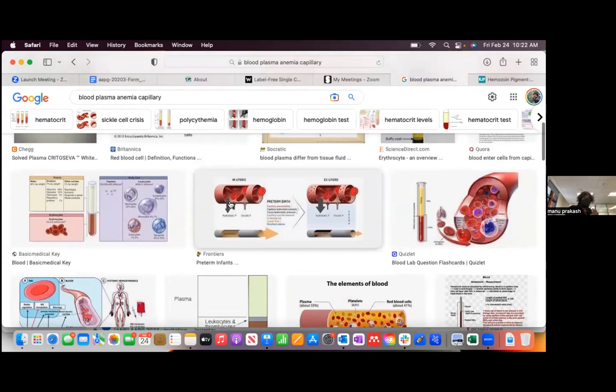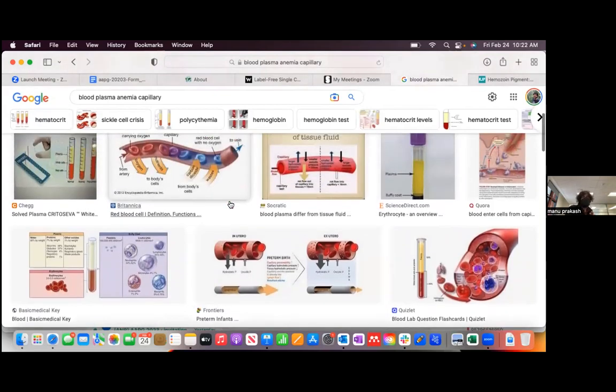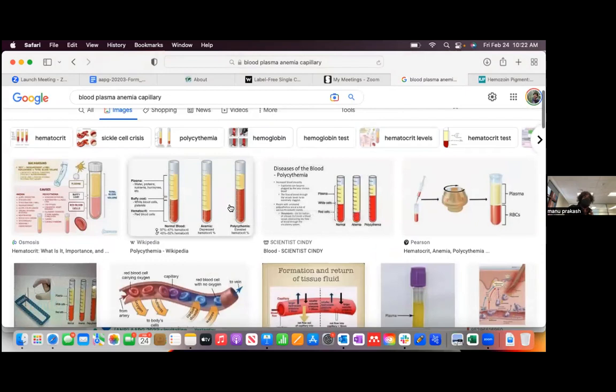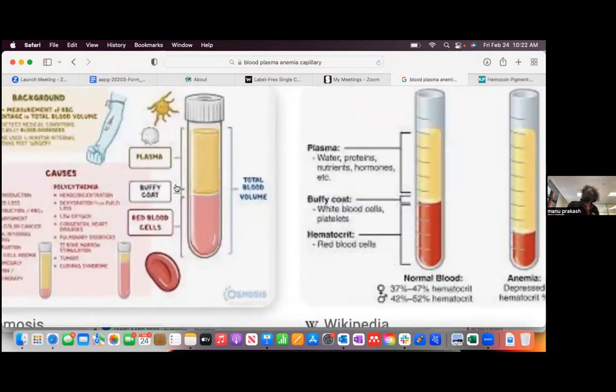But the challenge and the trick that QBC uses, which is quite beautiful, is everything that is in density. So if we look here, for example, between red blood cells and plasma will all be in this tiny thin layer that's called the buffy coat. This is all the other things that are present.